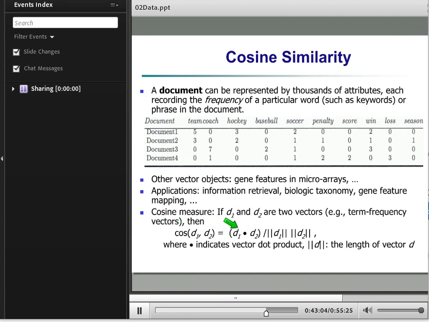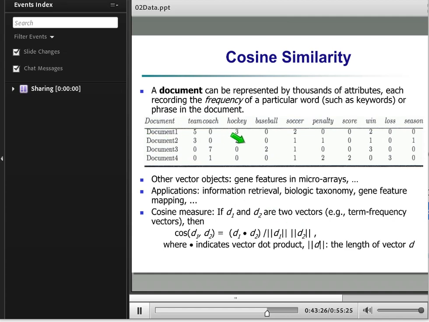Cosine similarity is calculated this way: first, the dot product of two vectors d1 and d2 divided by the length of vector 1 times the length of vector 2.